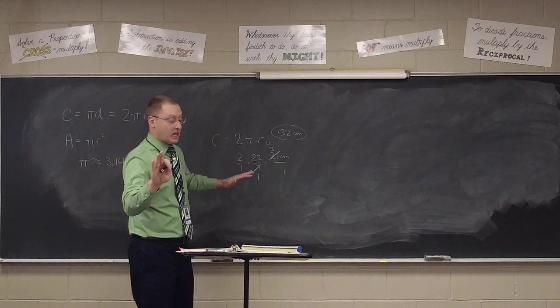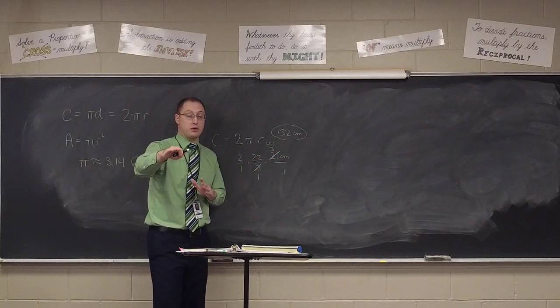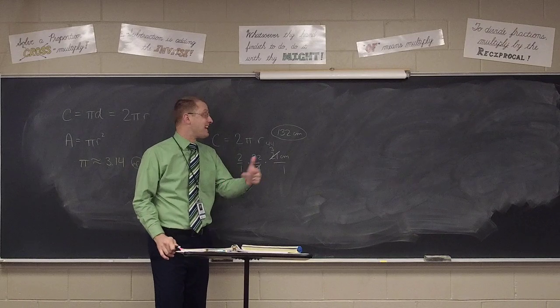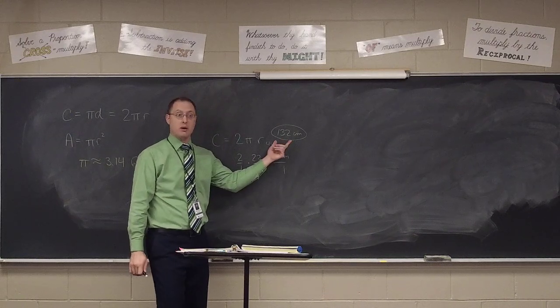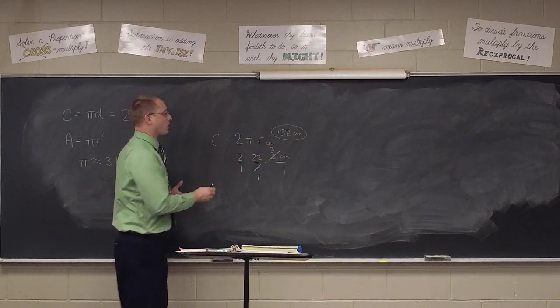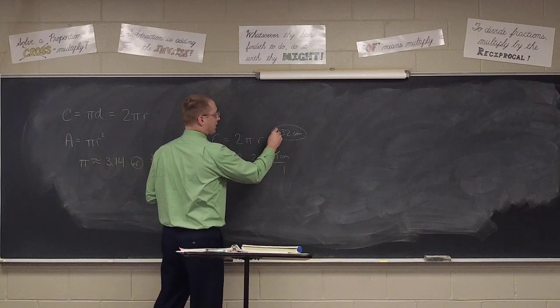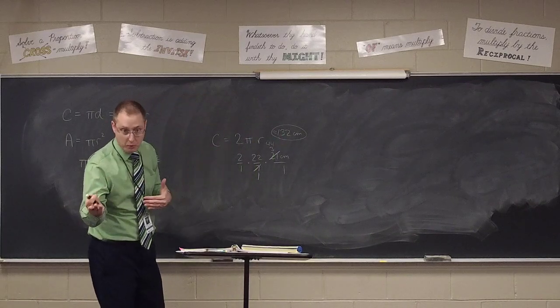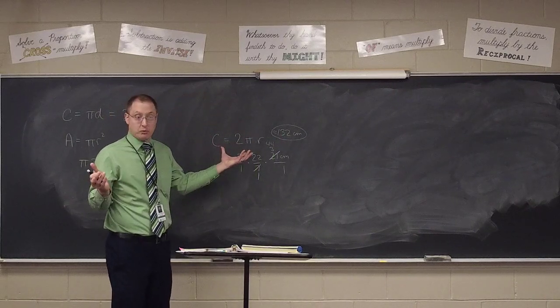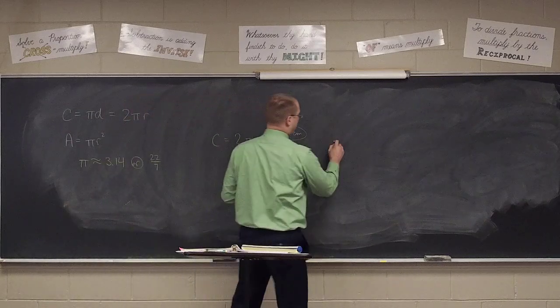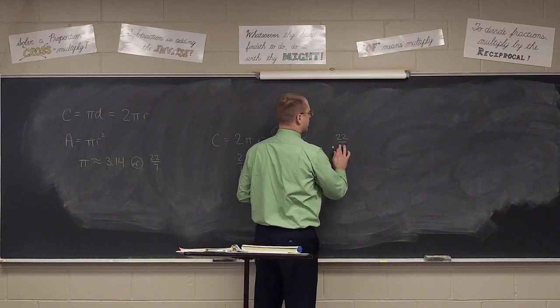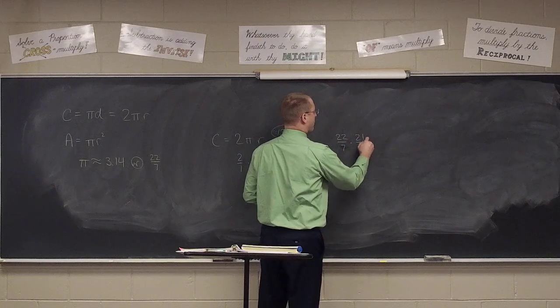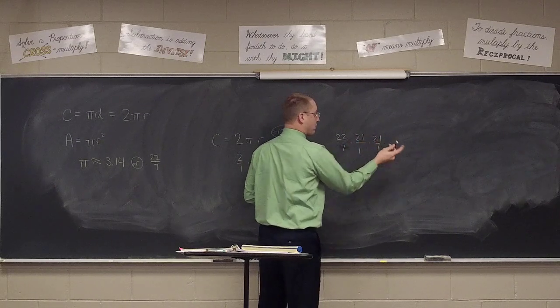Now, it's slightly different from your answer. You said you had 131.88, slightly different, right? But it's an approximation anyway. You're already going to say approximately 132, approximately 131.88, so it doesn't really matter. And then for the pi r squared, that's again 22/7 times 21 squared, or you could say times 21 times 21.